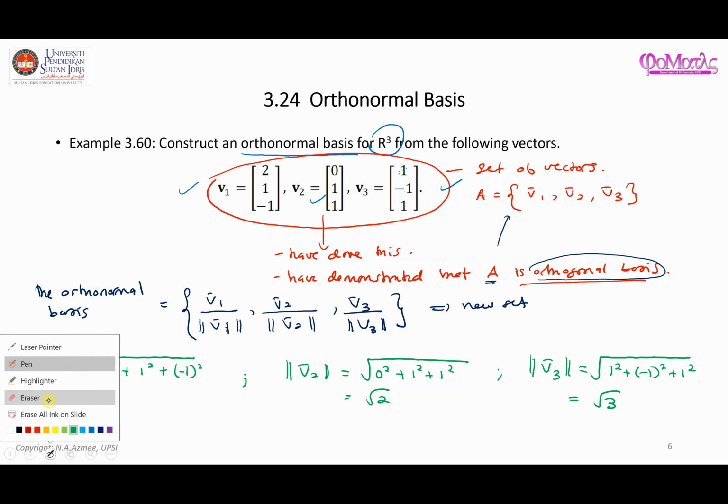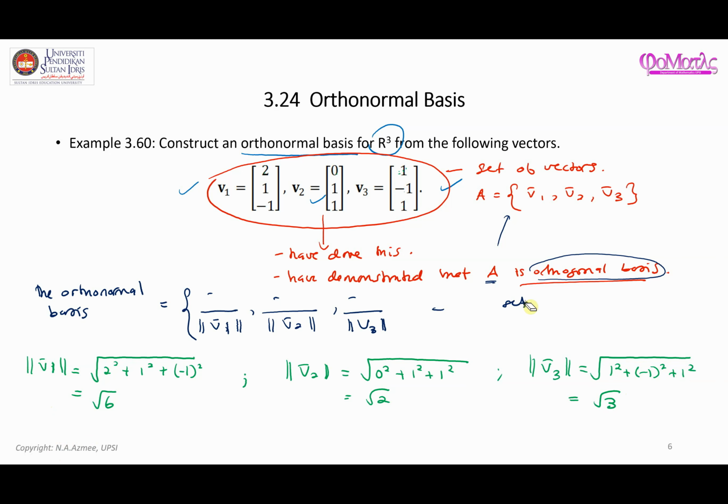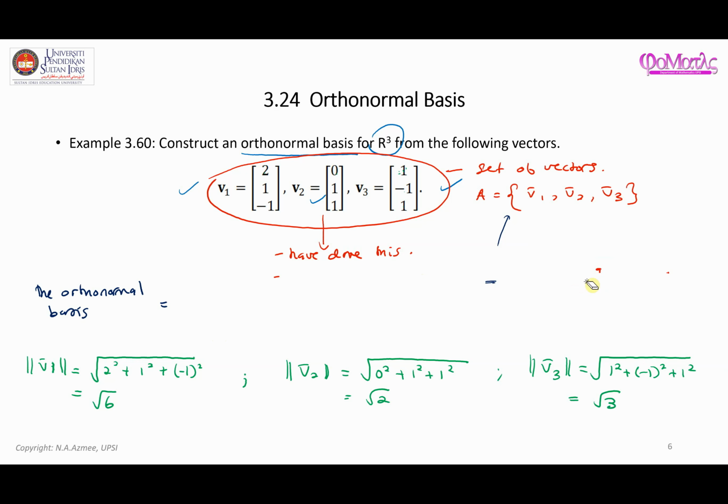Therefore, the orthonormal basis is going to be equal to these values.